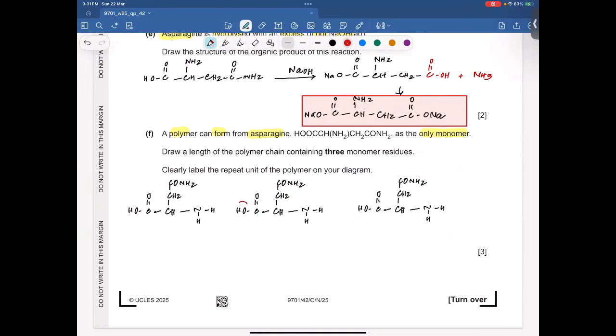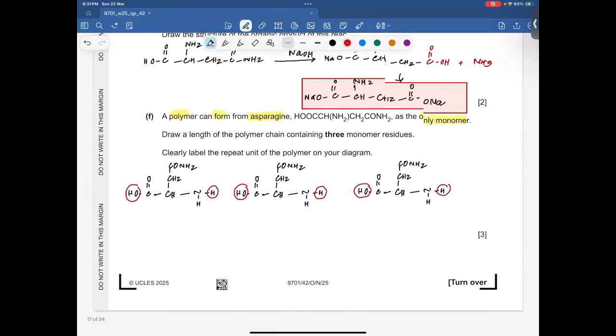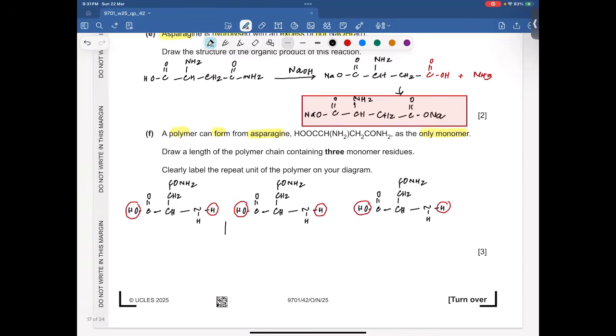We know that OH and H combine together to give water. OH is removed from this side and hydrogen is removed from that side also. So let me write the structure. This is CO, this is CH, CH2, and CONH2 will remain as it is. This NH, nitrogen is bonded with carbonyl.